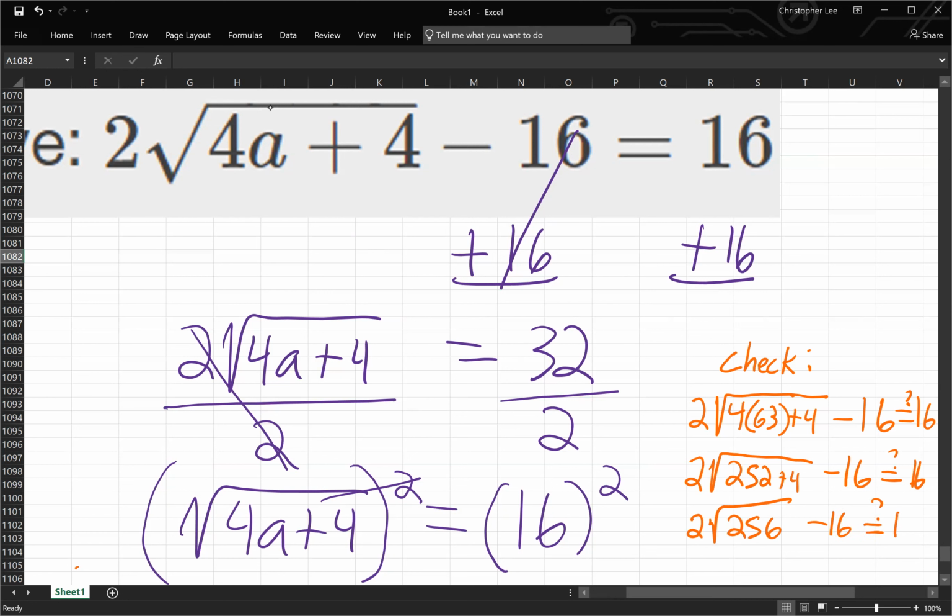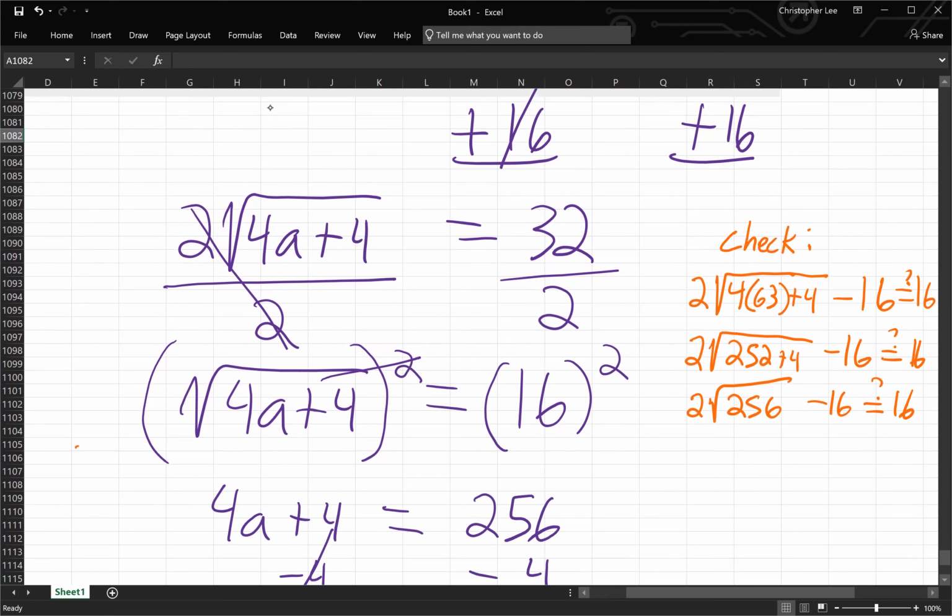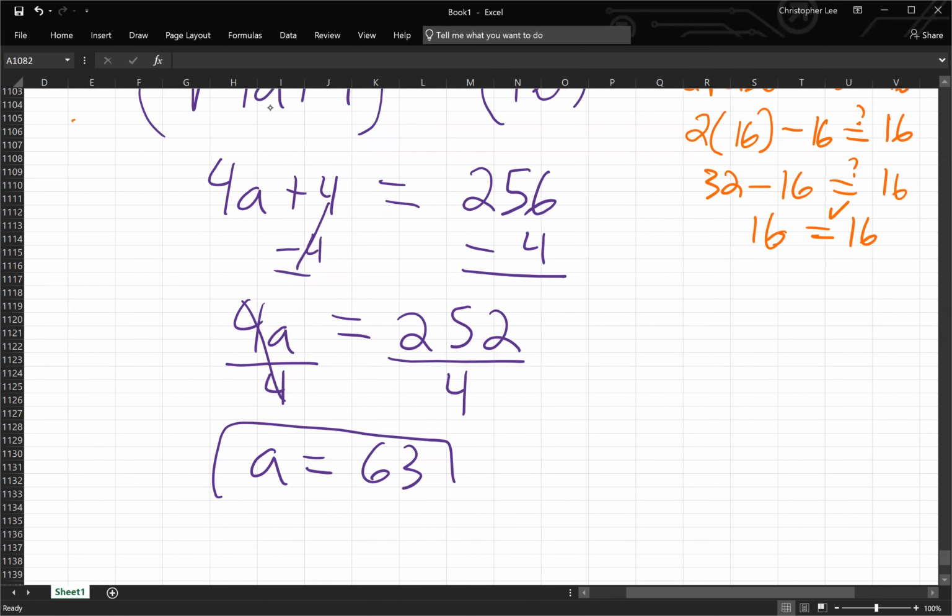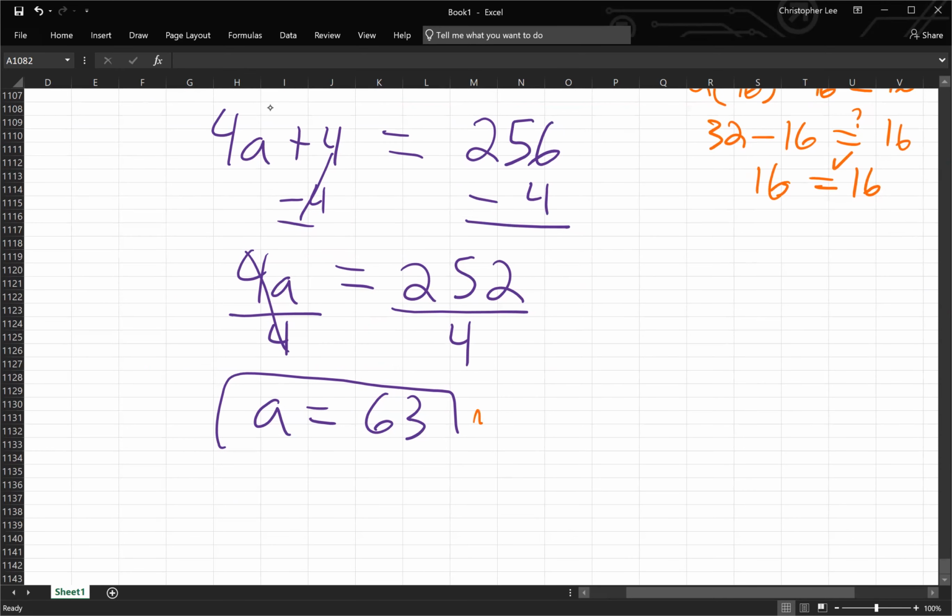That might be 16, let's see. Square root of 256 is what? 16, right? Minus 16. Allegedly, that might be 16. Let's see. 2 times 16 is what? 32. Minus 16, allegedly is 16. And in fact, 16 does equal 16. So this is a legitimate answer right here. 63.